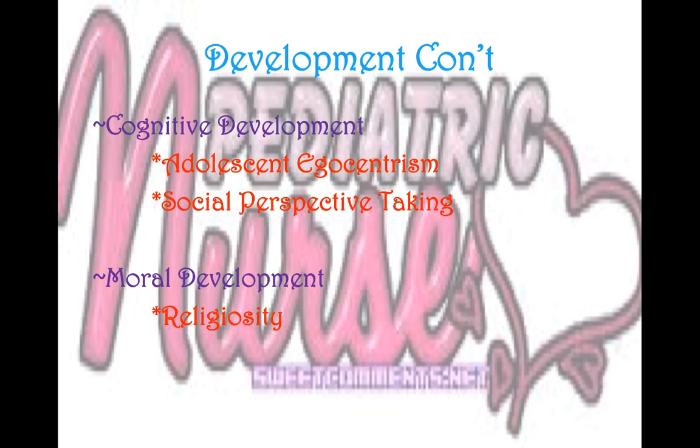Egocentrism is when one is unable to appropriately differentiate between oneself and the objects of one's attention. Although some egocentrism is present at each stage of development, it is most commonly associated with the adolescent's thinking.